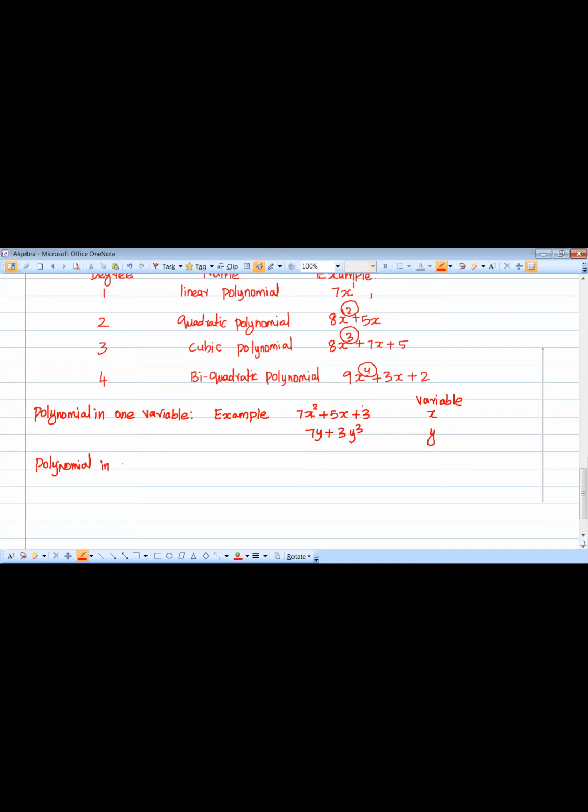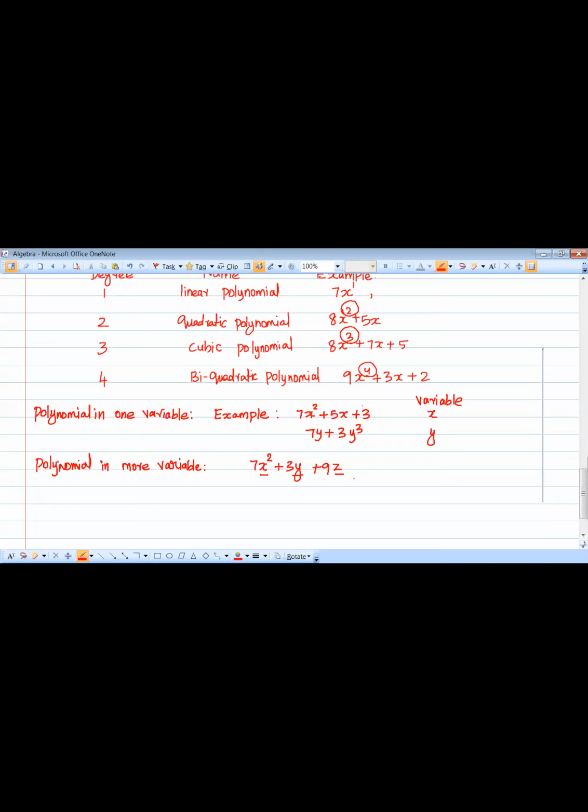Next, polynomial in more variables. What is polynomial in more variables? Suppose 7x square plus 3y plus 9z. See here we have one variable, two variables and three variables.